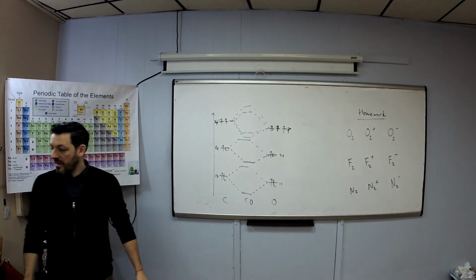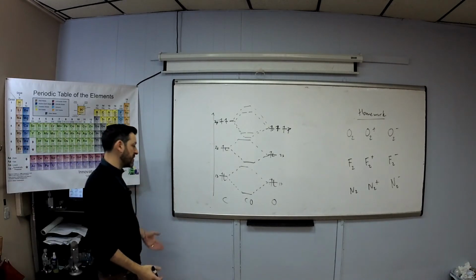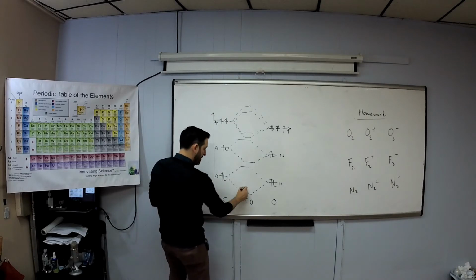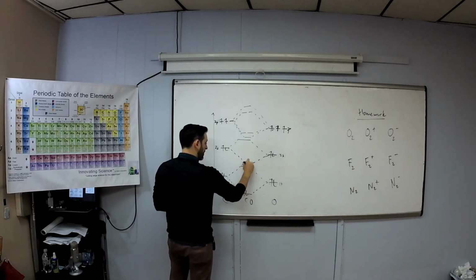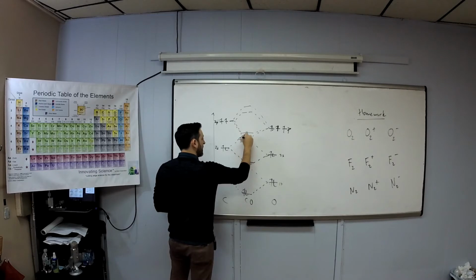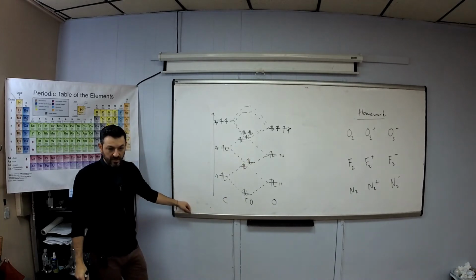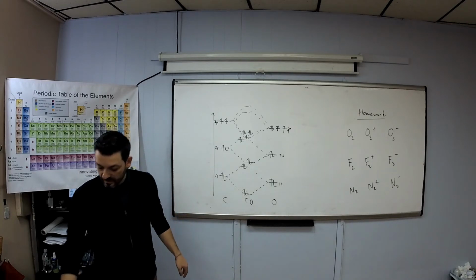So now you have 14, and we're going to distribute them using Hund's rule and the Aufbau principle, bottom up. 1, 2, 3, 4, 5, 6, 7, 8, 9, 10, 11, 12, 13, 14, and I ran out of electrons. So if I have 14 electrons distributed over there, what is the bond order of CO?